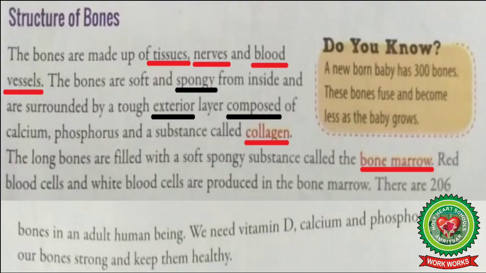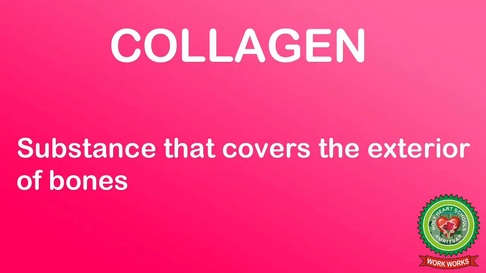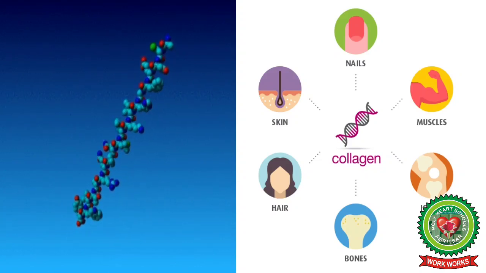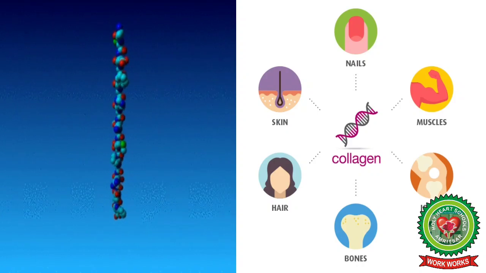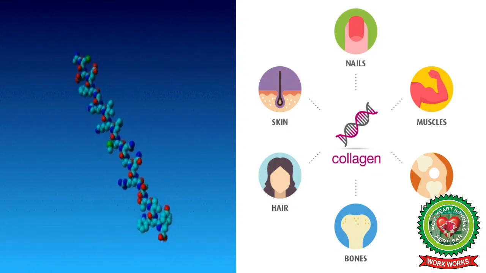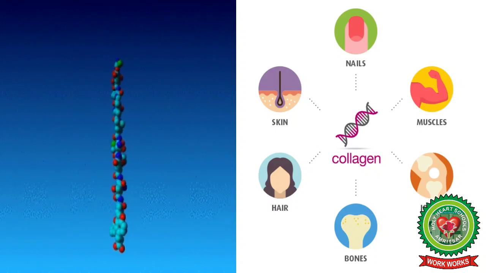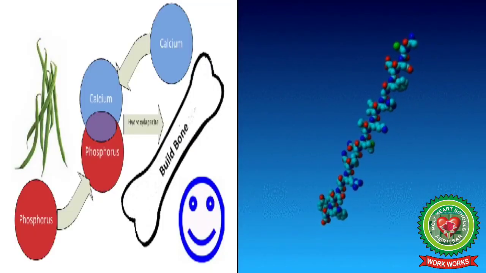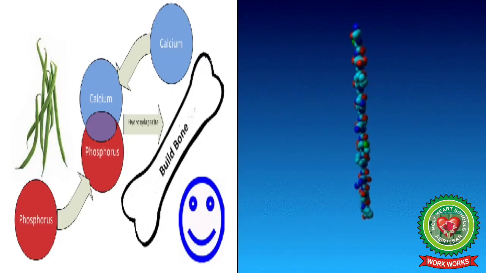Now underline word collagen and write down its meaning, substance that covers the exterior of the bone. Students, collagen is a protein that provides structure to much of your body, including bones, skin, tendons and ligaments. So students, bones are basically made up of calcium, phosphorus and collagen.